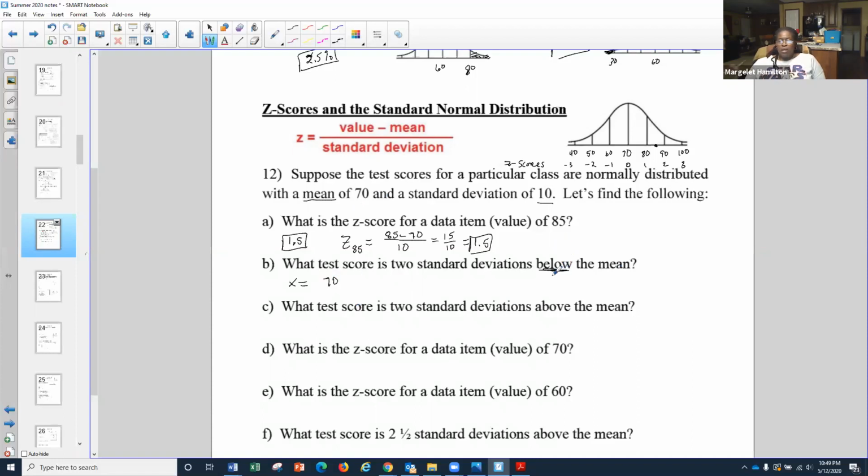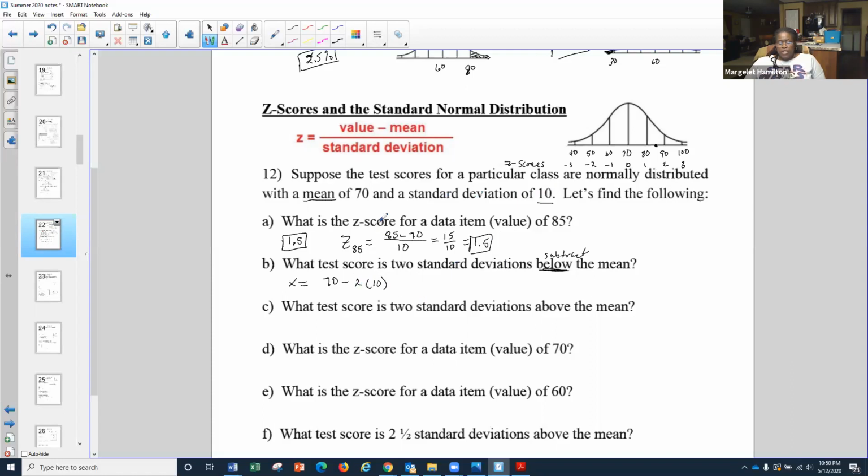Below means subtract. Remember, above means add. So below means subtract. So 70 minus, and then it says 2 standard deviations. So 2 standard deviations would be 2 times the standard deviation. What's our standard deviation? 10. All right.